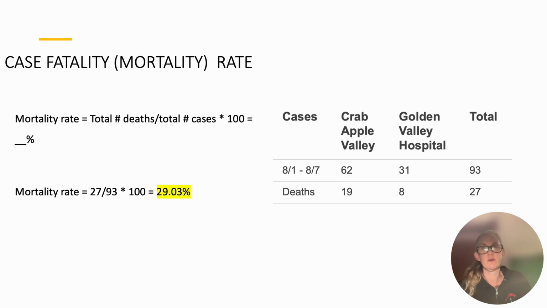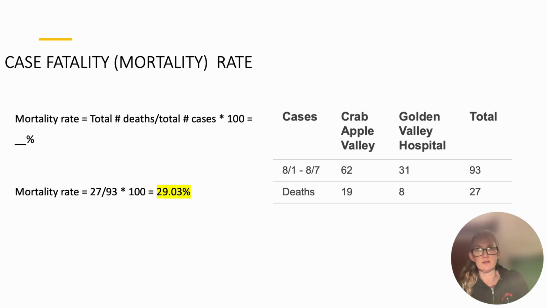The case mortality rate is calculated by dividing the total number of deaths from the disease by the total number of cases and then multiplying by 100 to determine the percentage, or the number of persons per 100 who succumb to the illness. In other words, it helps epidemiologists understand the severity of the disease.